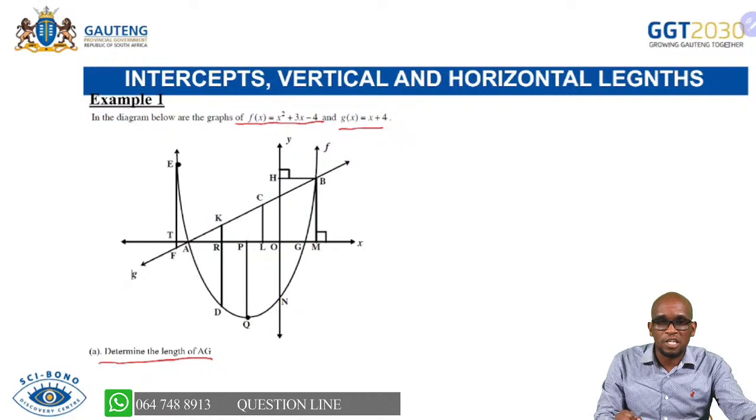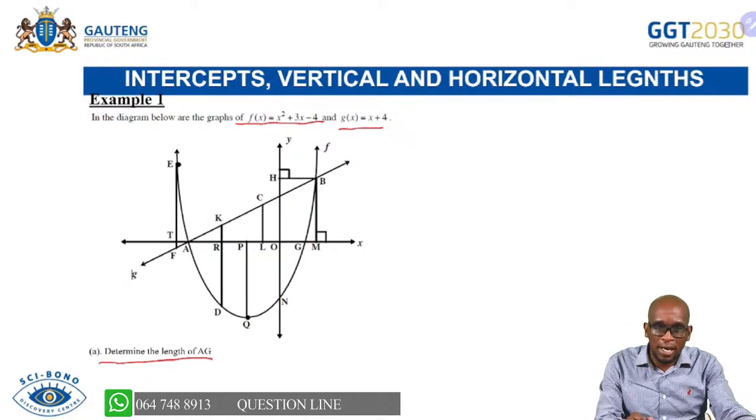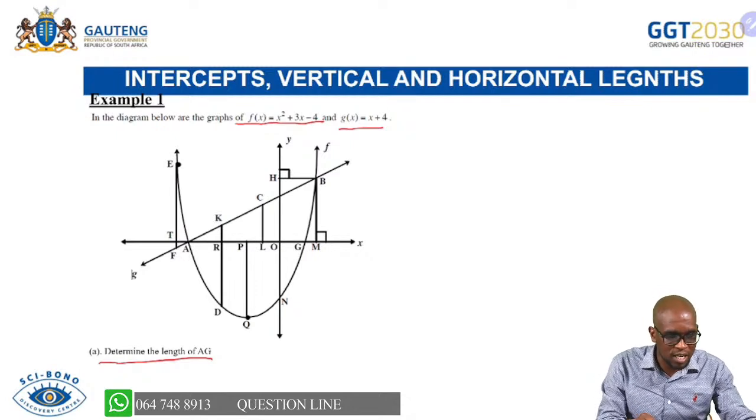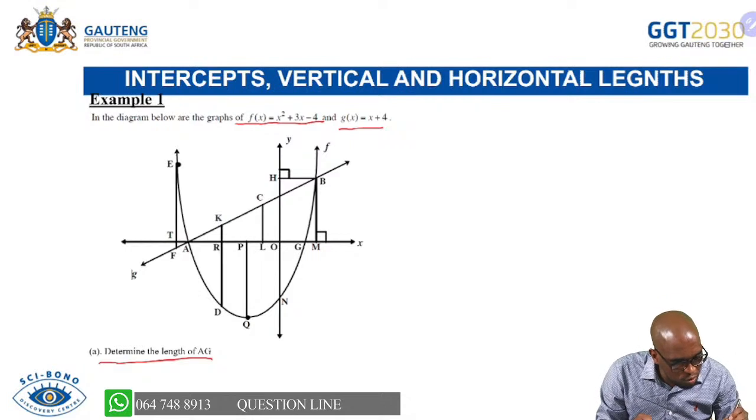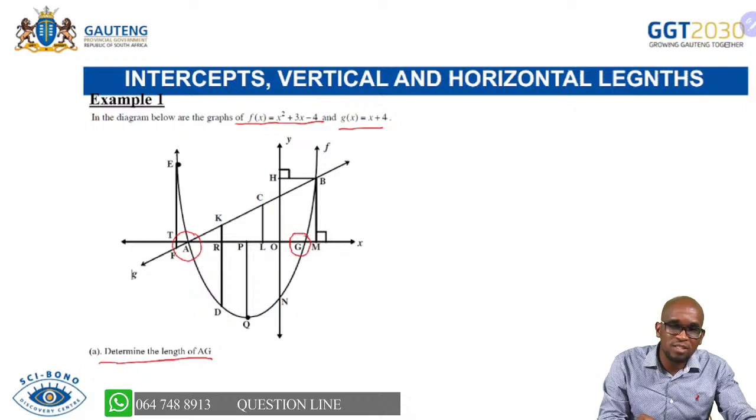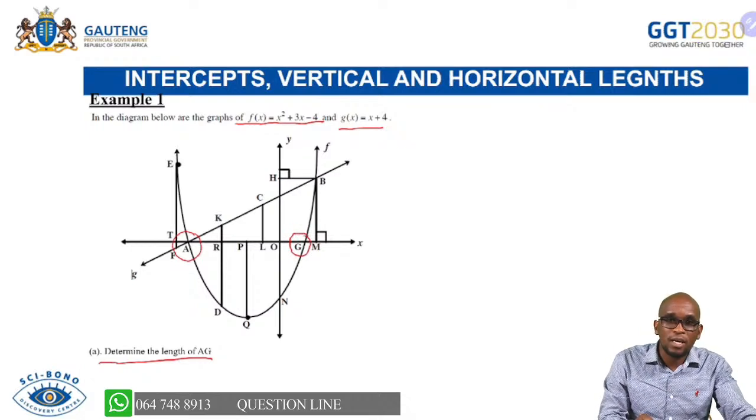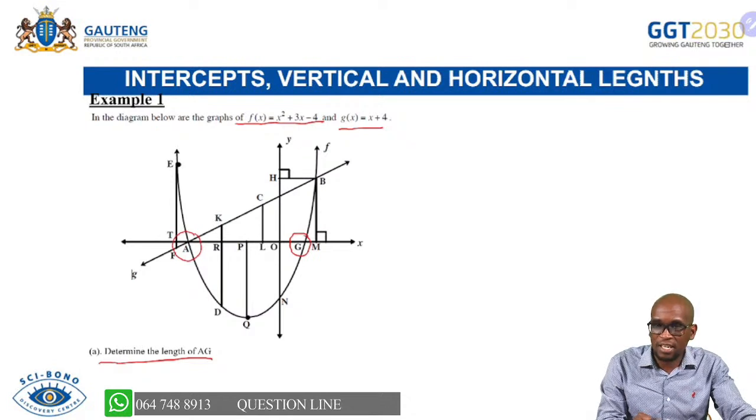The length of AG. Now, we're going to check point A and point G on the graph and check what they represent. In doing so, we'll be able to know what to do with the length of AG. If you look at point A on the graph, as well as point G, you can see that these are the points where the graph intersects the x-axis.